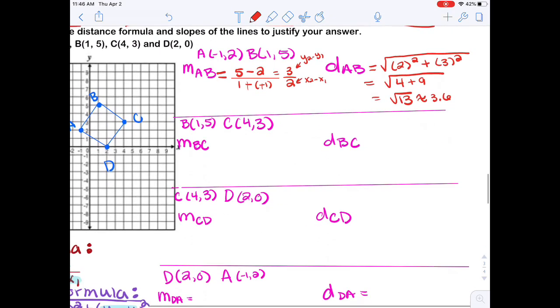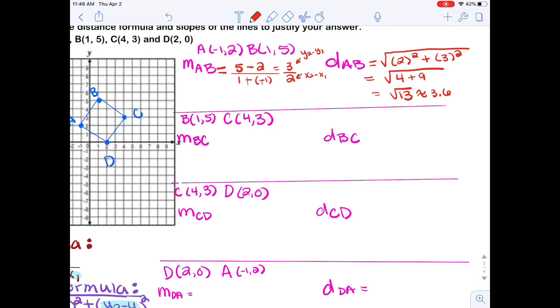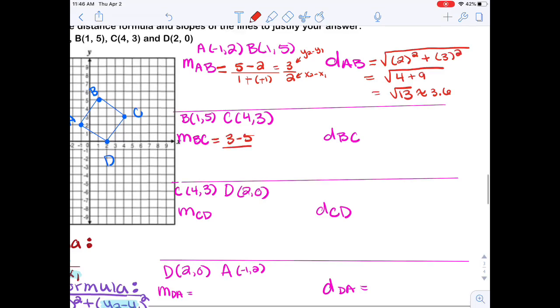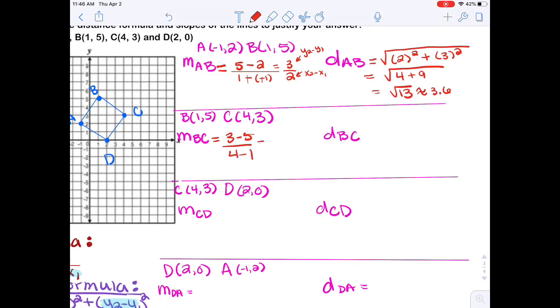All right, we have to do this 3 more times. So for BC, if I do the slope, I get 3 minus 5 over 4 minus 1, y2 minus y1 over x2 minus x1. So then here I would get negative 2 over 3. So I'm going to take these numbers and substitute them into the distance formula.